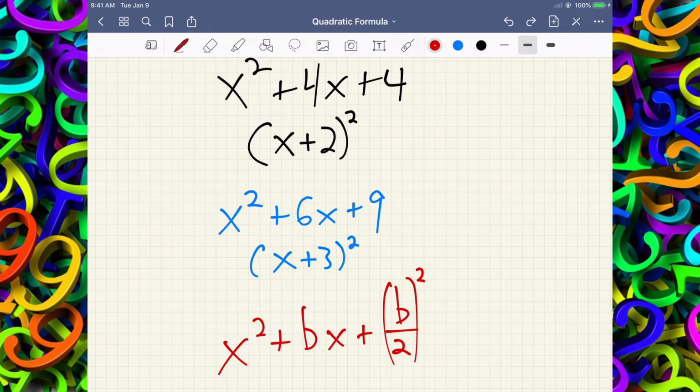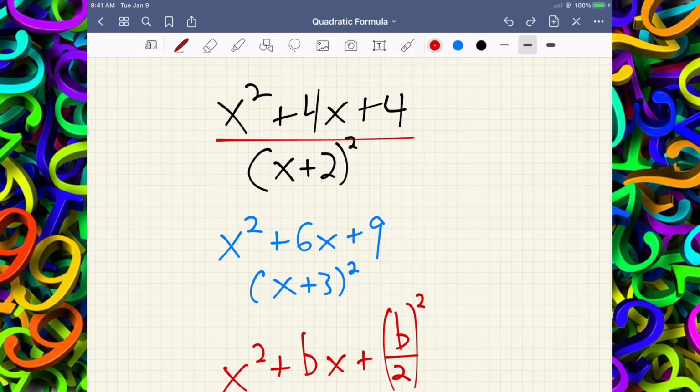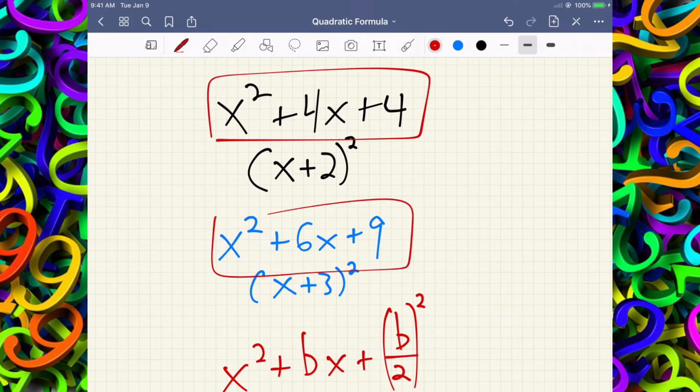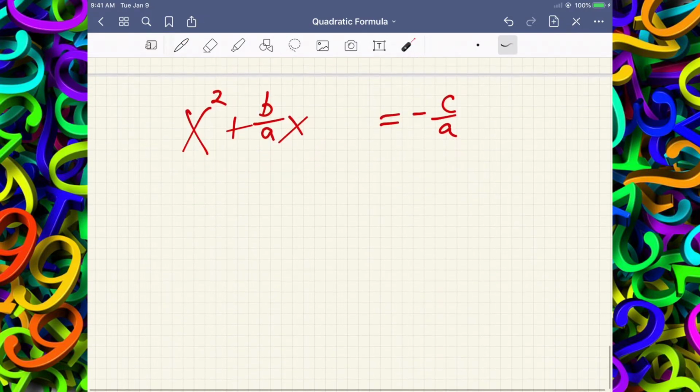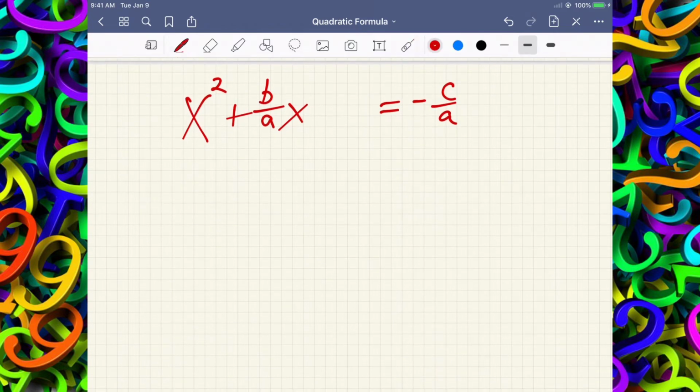So we're going to take that same technique and force our quadratic to look like one of these perfect square trinomials, so that we can factor it like this. So let's take a look here. Here's what we had written. So like we said, this thing we're going to place here is going to be half of this squared.